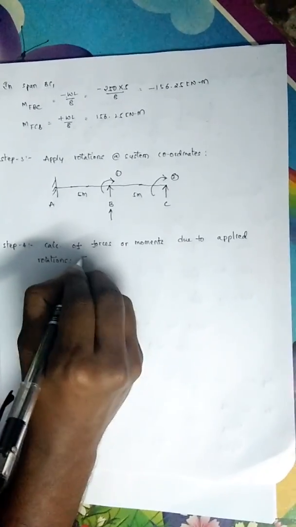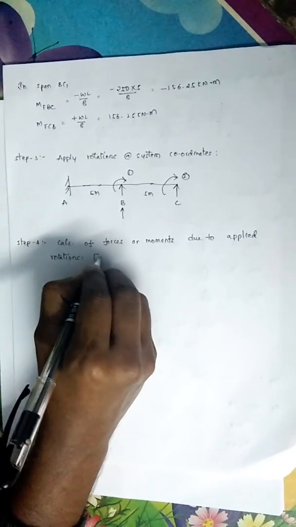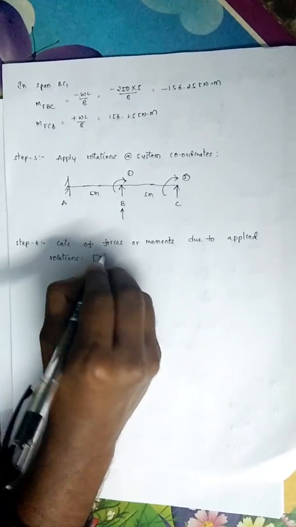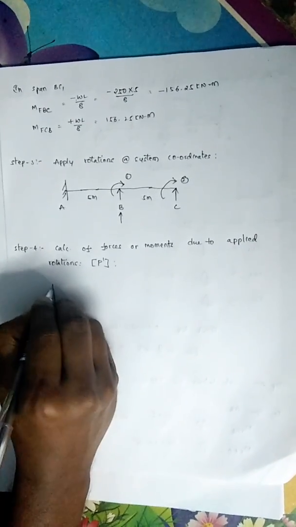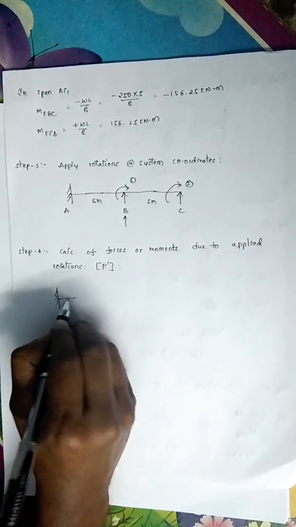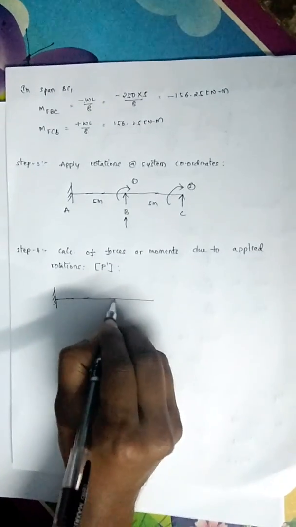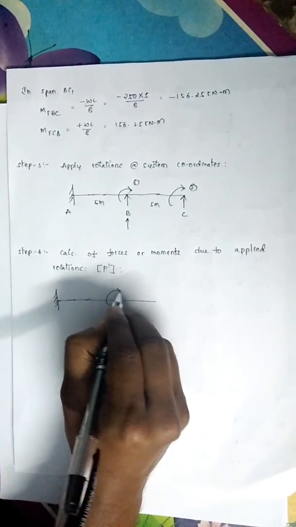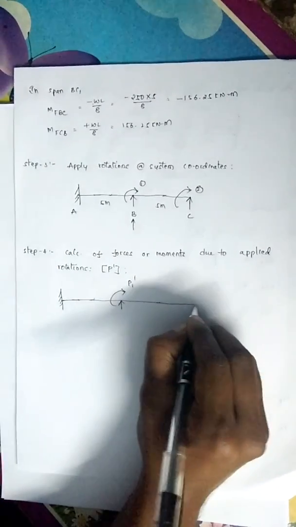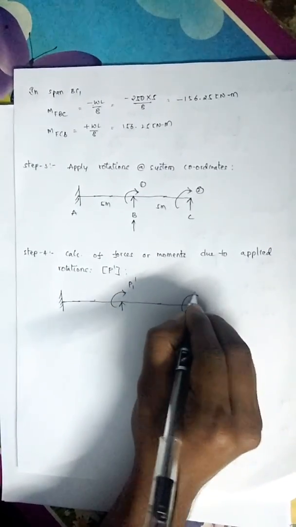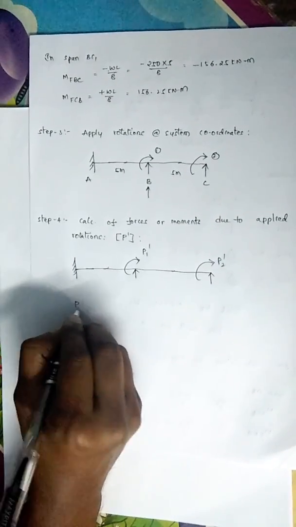Let us call this the P dash matrix. It will be like this: P1 dash, P2 dash.